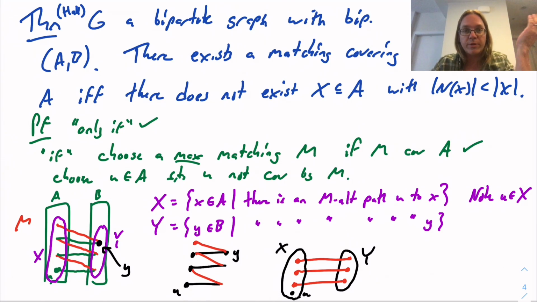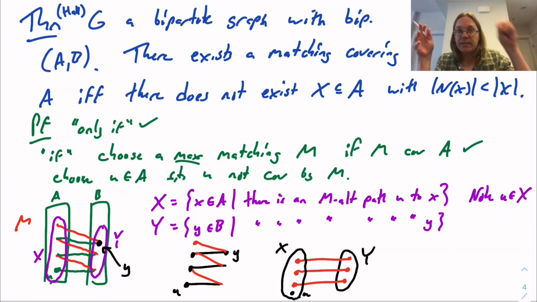It's not incident with any edge of the matching. And so we've got a wonderful property here. We've learned that Y has to have smaller size than X, right? Every vertex in Y is going to be matched with a distinct vertex in X, but the set X contains not only those vertices, but also the vertex U.